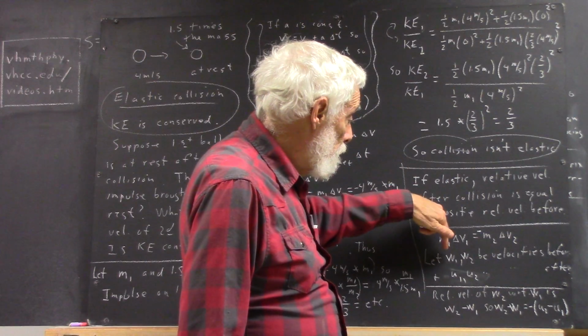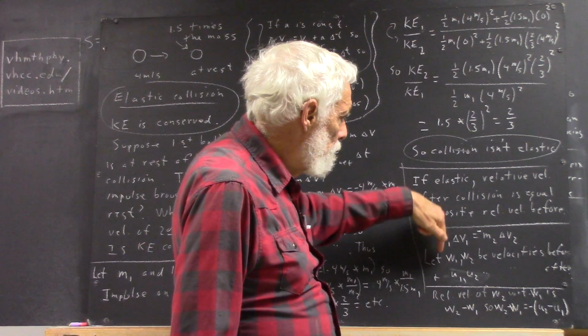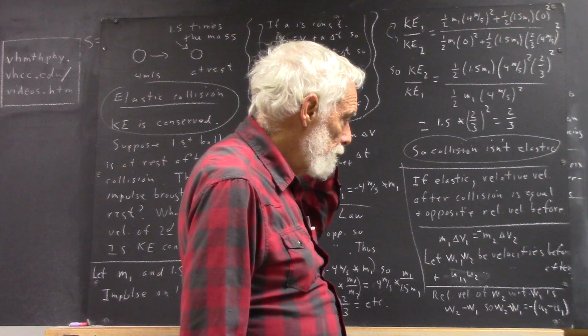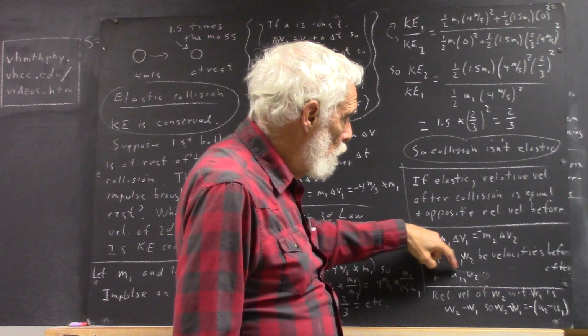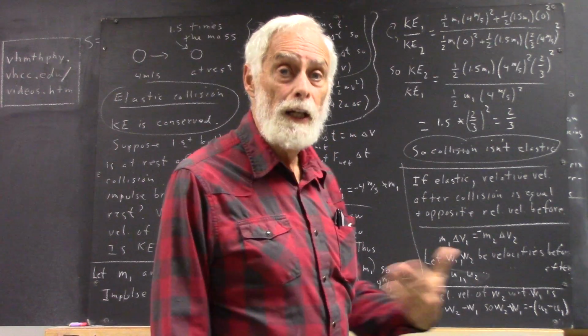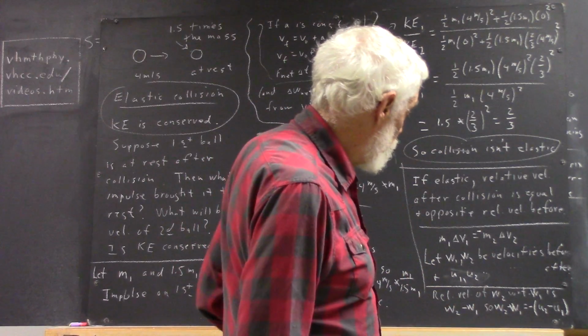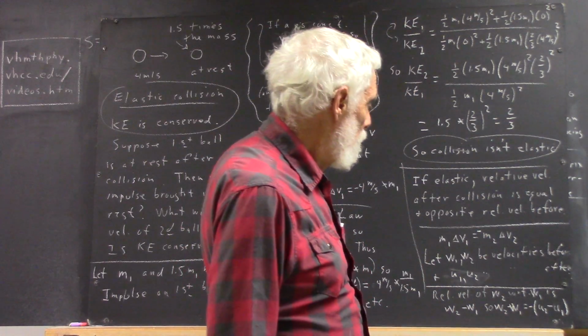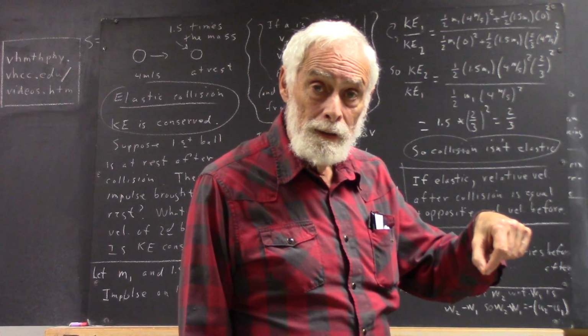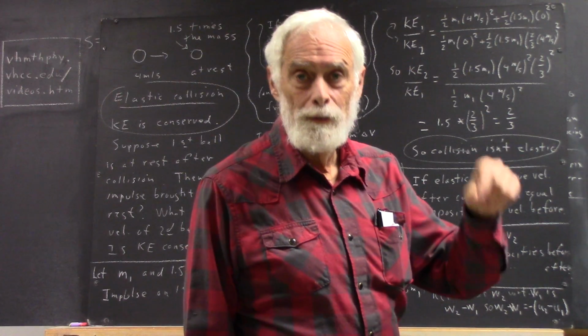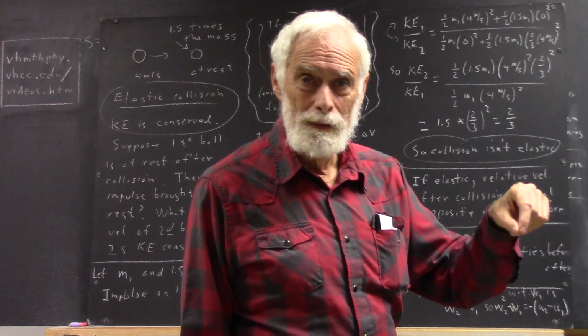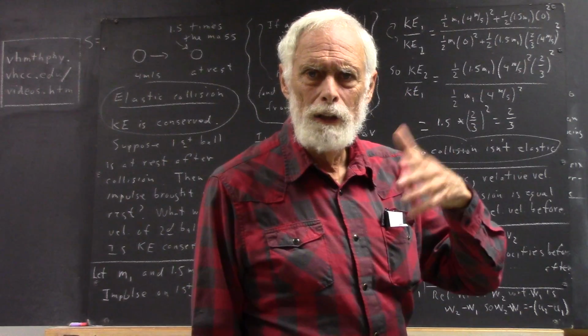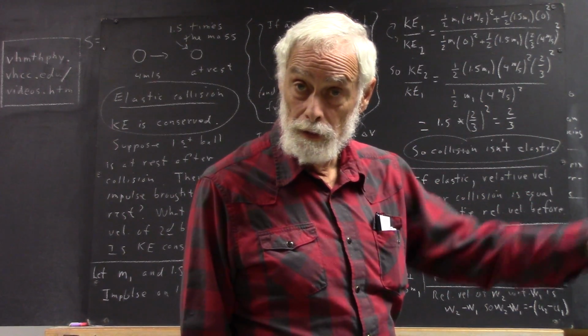I'm going to let W1 and W2 be velocities before the collision, U1, U2 the velocities after collision. Now there are various ways of doing this. I could do a V1B and a V2B and a V1A and a V2A for the velocities V1 and V2 before and after collision.